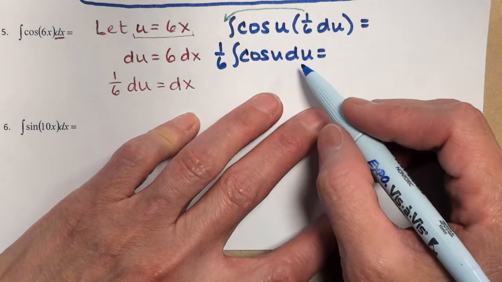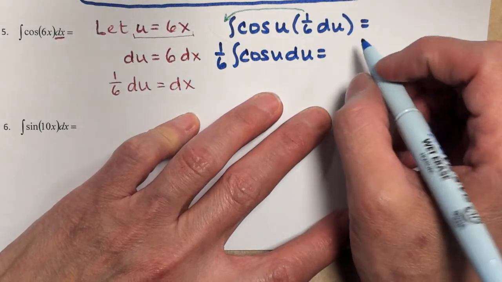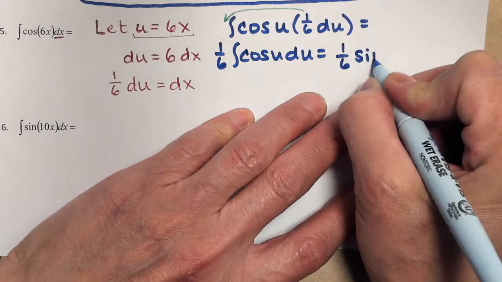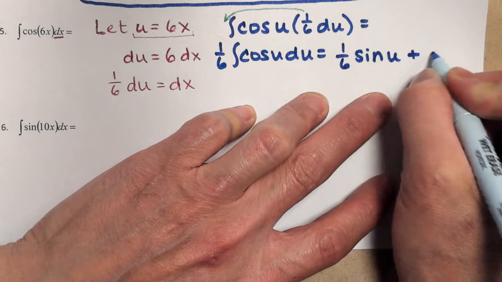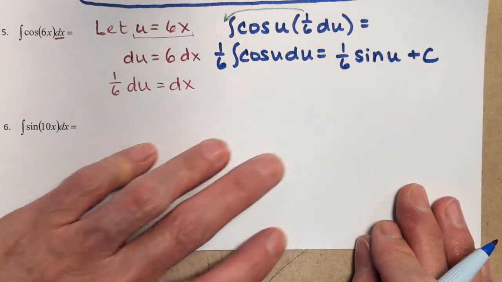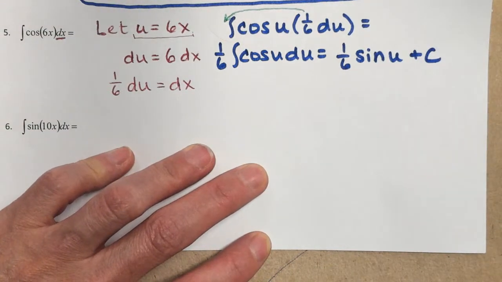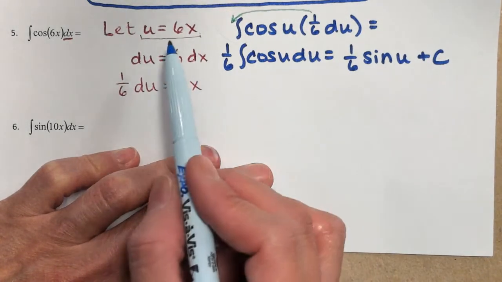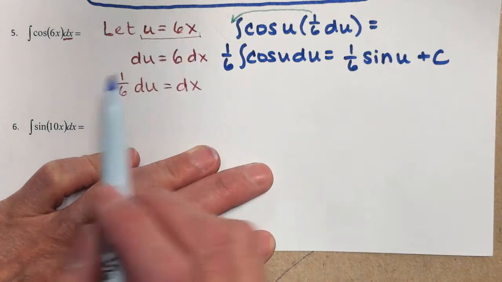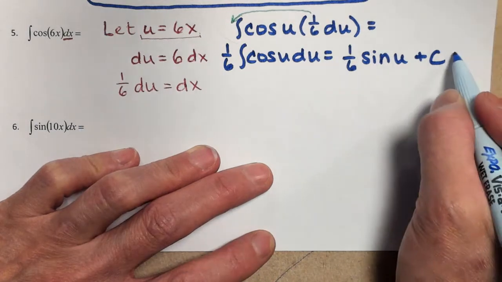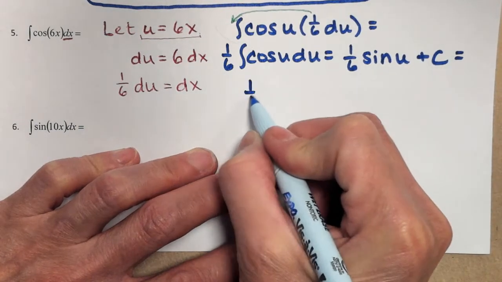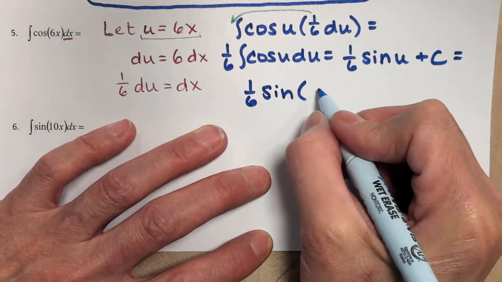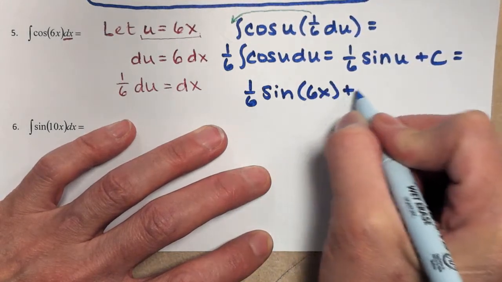So cosine u du integrates to sine u. So I have 1/6 sine u plus c. But I always have to go back to the original variable from the problem. So now I'm going to get rid of the u and put the x back in, and I get 1/6 sine 6x plus c.